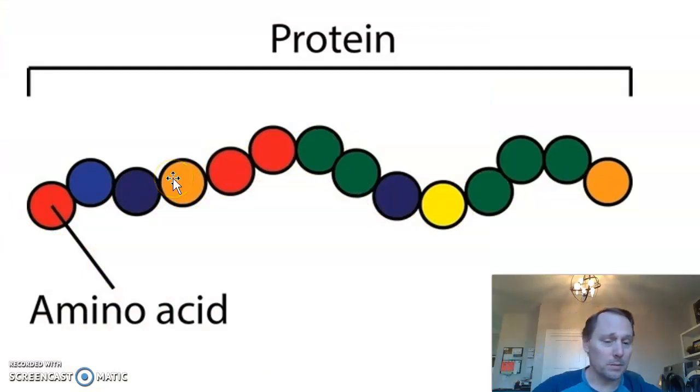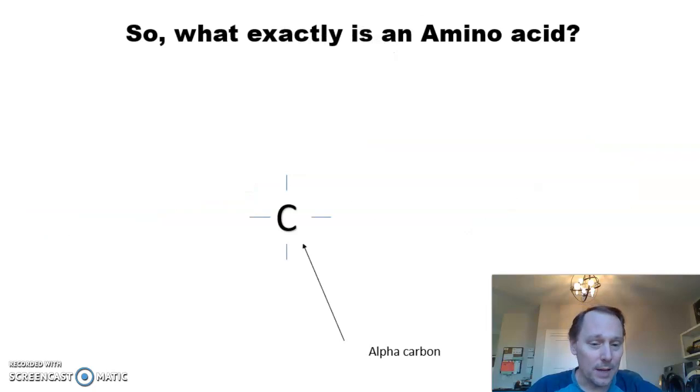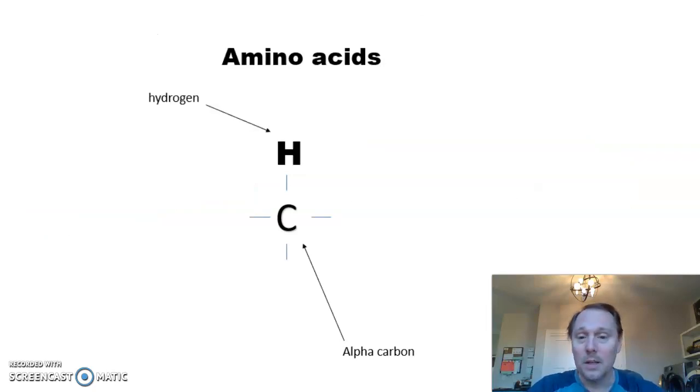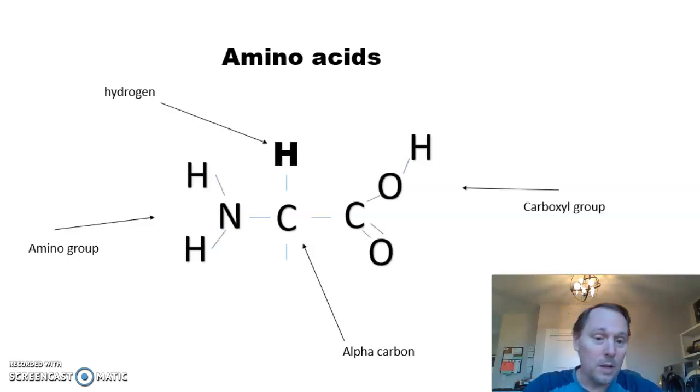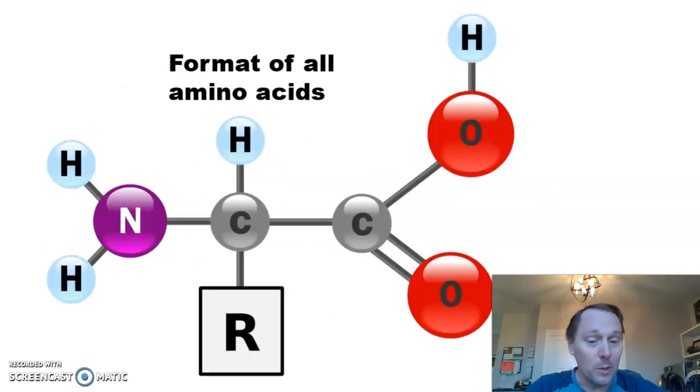So what is proteins, right? Meat, chicken breast, fish fillets, pork chops, skin, muscles, protein. All right, every amino acid has the same basic pieces and parts. You start with a carbon, you throw a hydrogen on there, you throw a nitrogen group, you throw a carboxyl group here with oxygens and carbons, and you got yourself an amino acid.